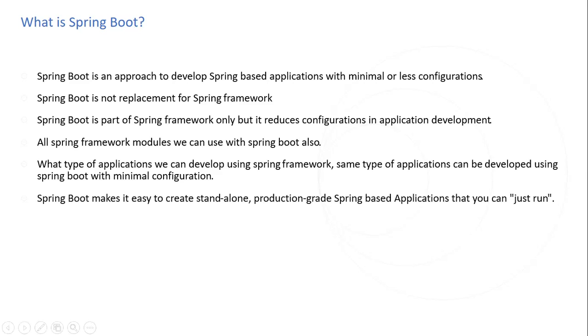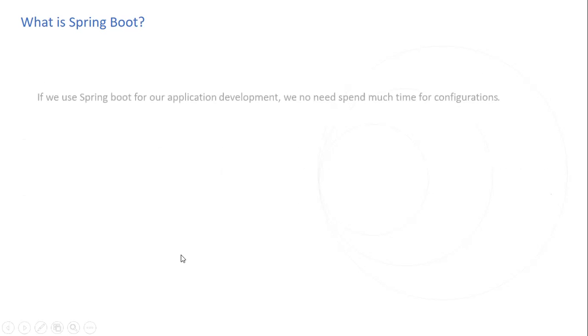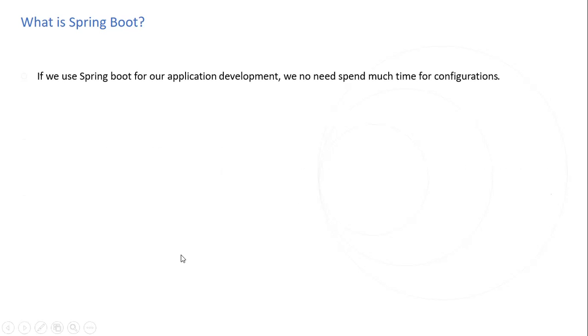So Spring Boot makes it easy to create a standalone, production-grade Spring-based application that you can just run. This means Spring Boot provides faster development. Using Spring Boot, we can develop applications in a faster manner. If we are using Spring Boot for application development, we do not need to spend much time on configuration.